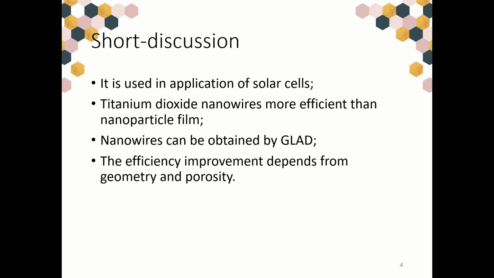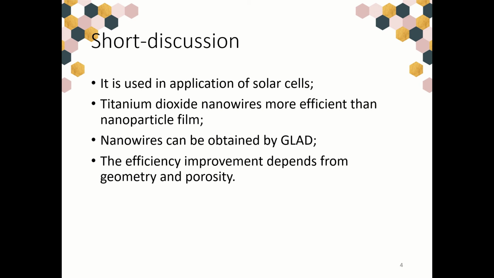One of the examples can be titanium dioxide. For example, titanium dioxide nanowires and the nanoparticles were grown by using this technique, and the authors claimed that titanium dioxide nanowires are more efficient than nanoparticle films.